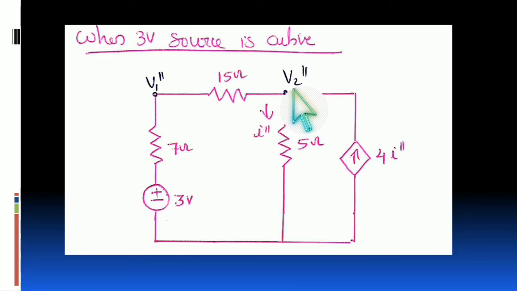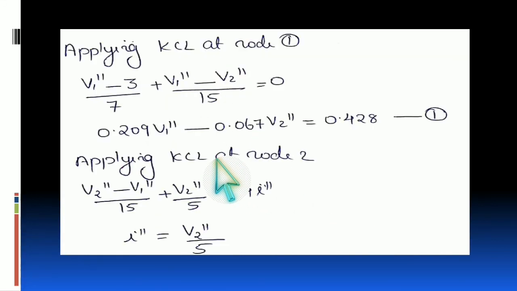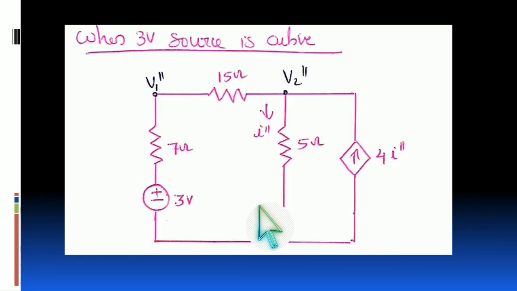At V2, 4 I double dash is the incoming current, and there are 2 unknown outgoing currents. So by applying KCL, we get V2 double dash minus V1 double dash by 15 plus V2 double dash by 5 is equal to 4 I double dash. From this diagram, it is clear that I double dash is equal to V2 double dash by 5.